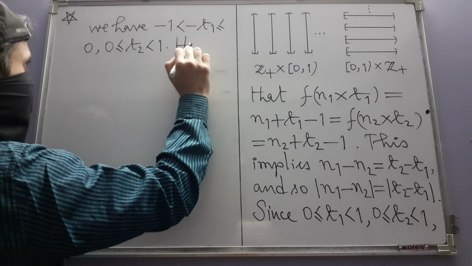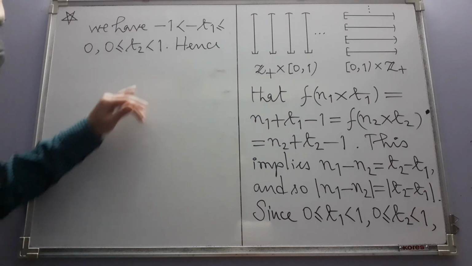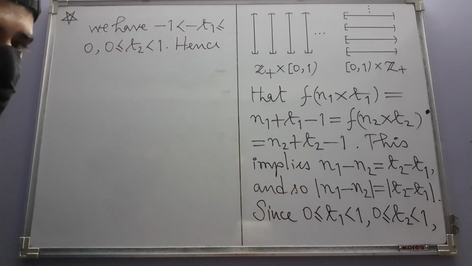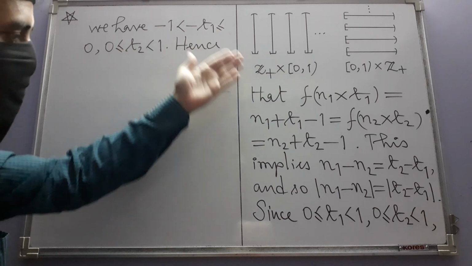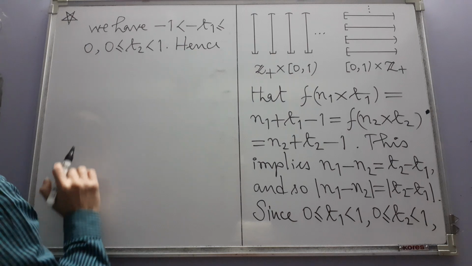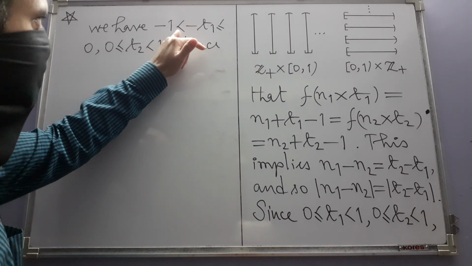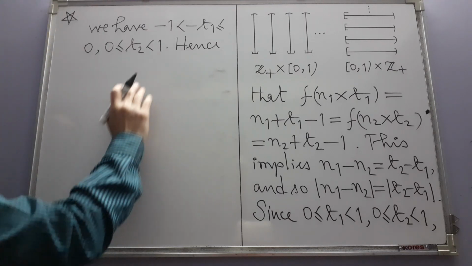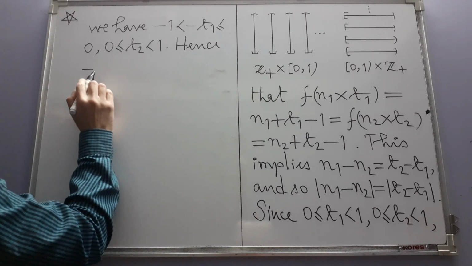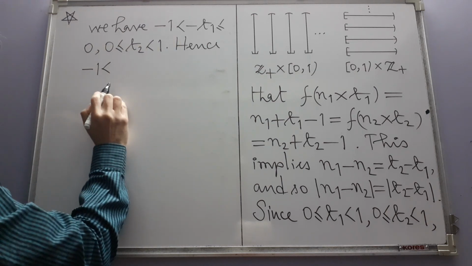Hence, now we add these inequalities. That is why I did not simply flip the inequalities. I want to add these two sets of inequalities, so I wrote these ones like this. So 1 became minus 1 and came to this side. Now if we add, keeping in mind that we have strict inequalities here, so we will get strict inequalities again. 0 minus 1 is minus 1, less than t2 minus t1.